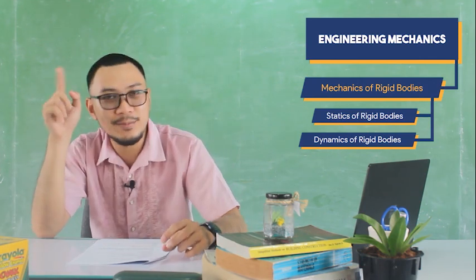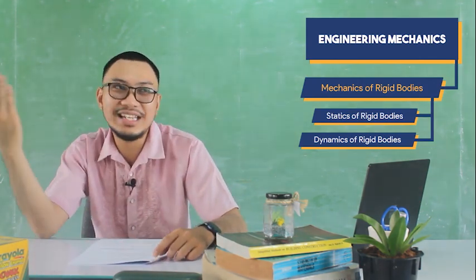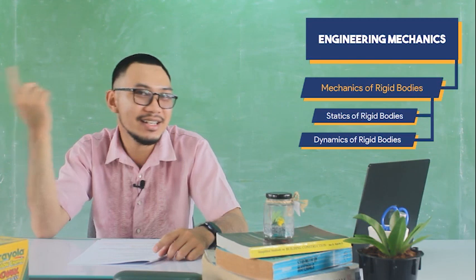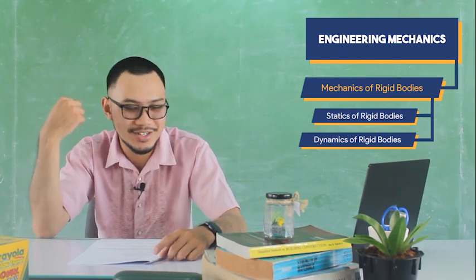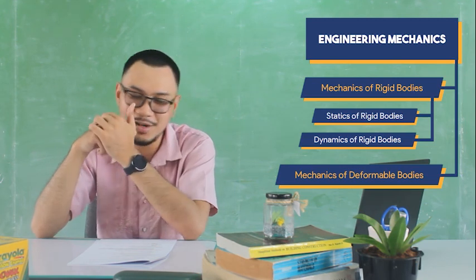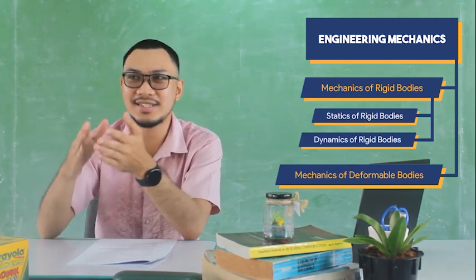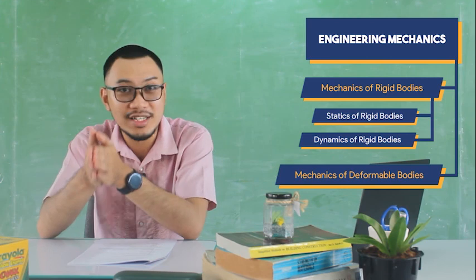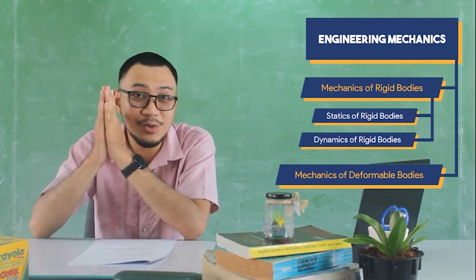And let's talk about another branch, which is you will be dealing on after next 2 semesters, which is the mechanics of deformable bodies. Unsa naman pod ni? 'Di ba ang atong first nga sub-branch kay we are talking about rigid bodies, they cannot be deformed.